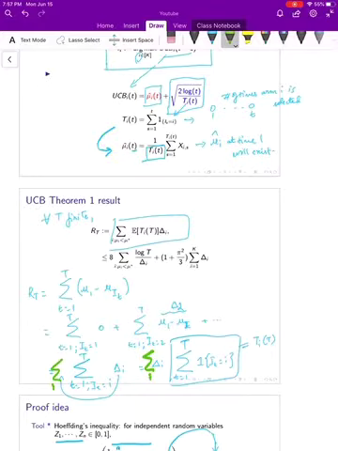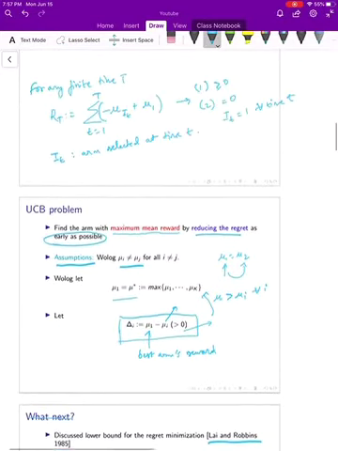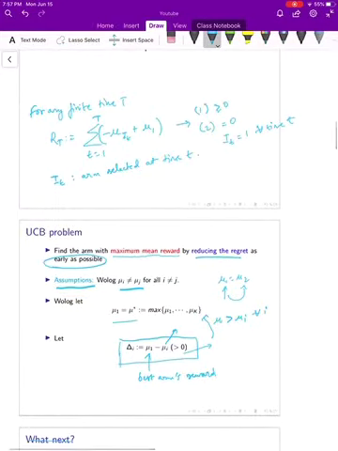And I had to be more clearer. So in the original definition of RT, if you look at this, we have to take care of the mean part. That is why we should have an expectation here somewhere.